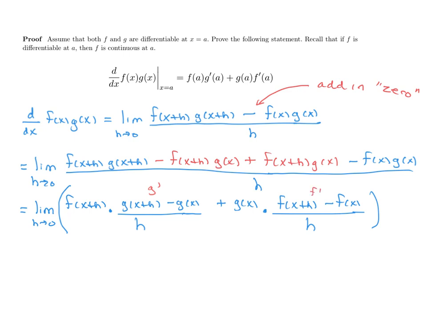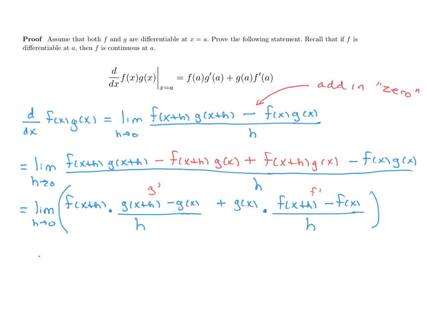So as h goes to 0, this gets closer and closer to the derivative of g. Likewise, this gets closer to the derivative of f. Nothing happens to this because there's no h in it. And over here, as h goes to 0, this should approach f of just x. And that's our final step. That's our conclusion.